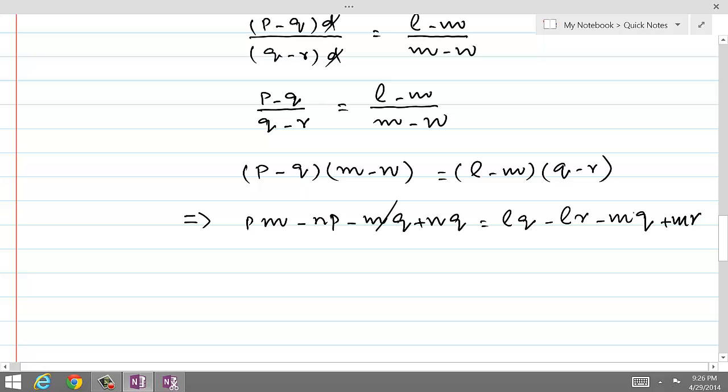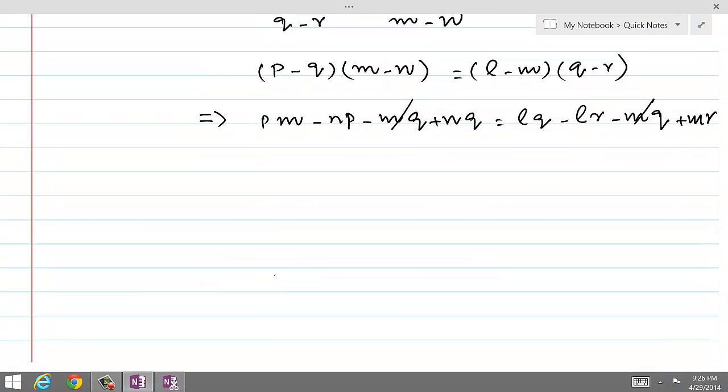Minus MQ and minus MQ can be cancelled. So now, before we take common P from the first two terms, let's move all the terms to the left hand side of the equation.